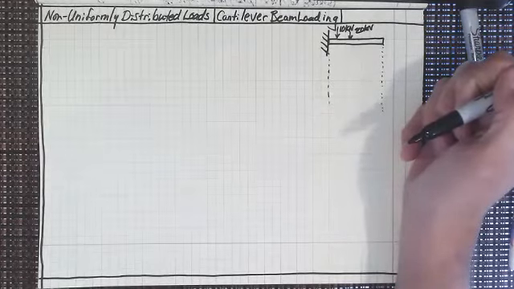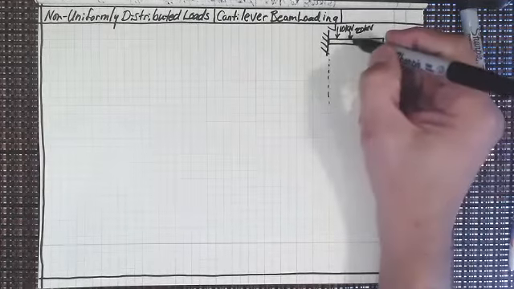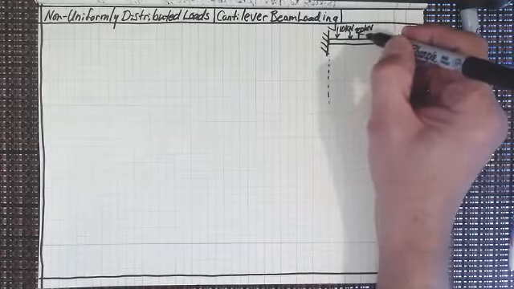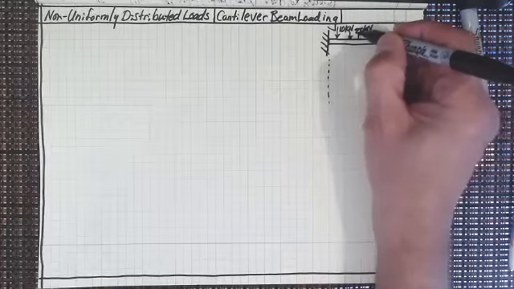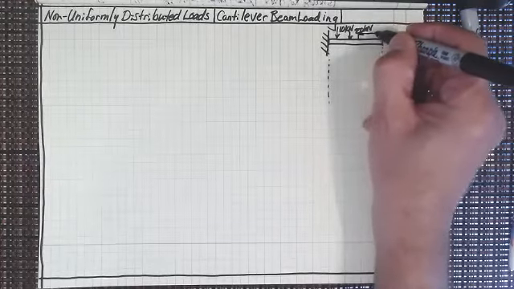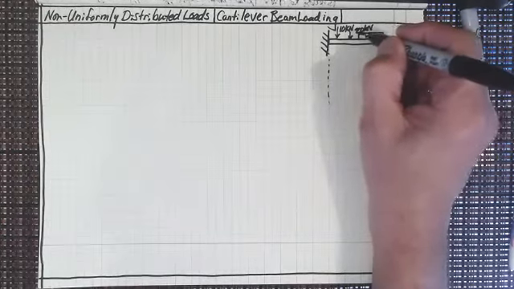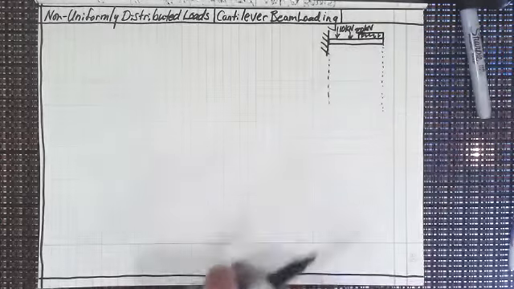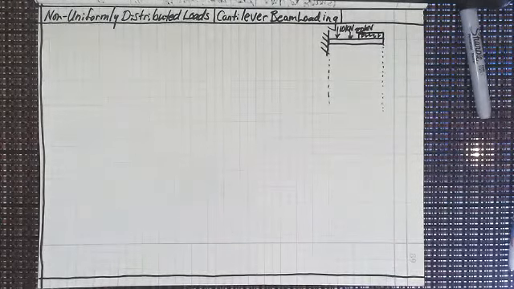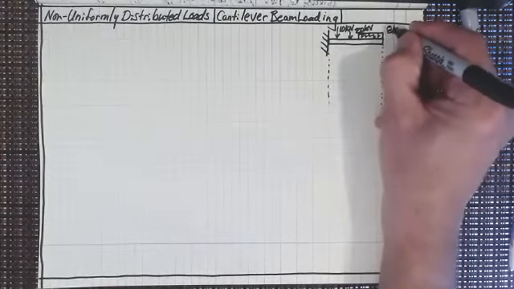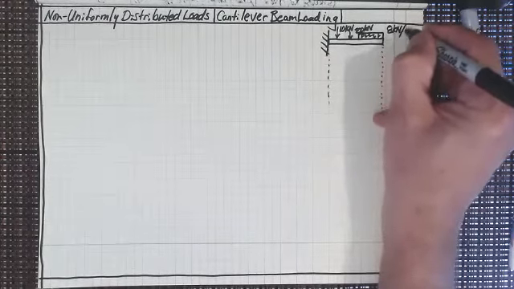And then I'm going to go another meter, which would be right here, and I'm going to have a uniformly distributed load all the way to the end of that cantilever beam. Does everybody see that? And this at the end is going to be 8 kilonewtons per meter.